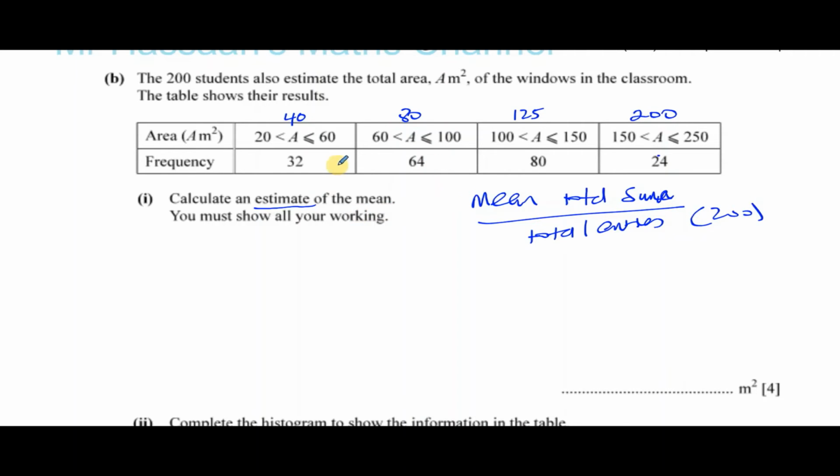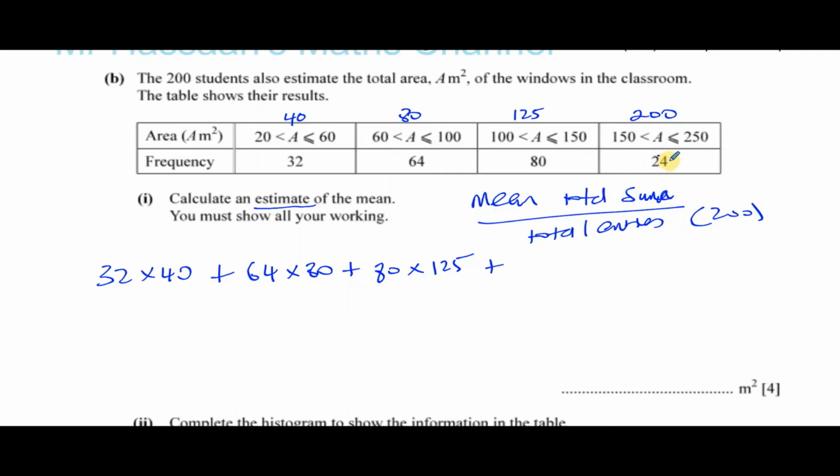So if I want to find the sum of all of these numbers, there's 32 people that we assumed chose 40, then I have to multiply them together. So I'm going to say 32 times 40 will be an estimate of the sum of all of the numbers that these students came up with. Plus, for this group, it's going to be 64 times 80. Plus, for this group, it's going to be 80 times 125.